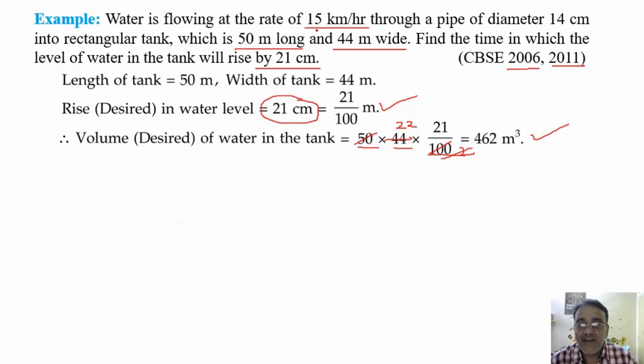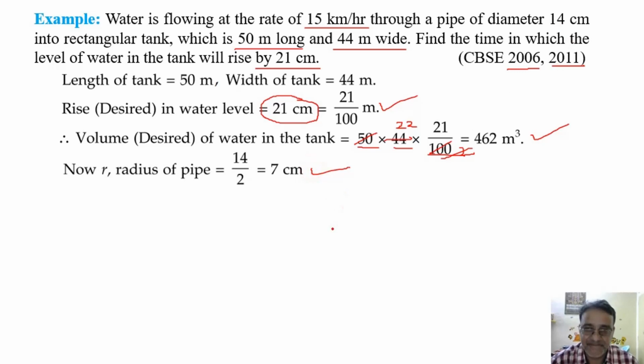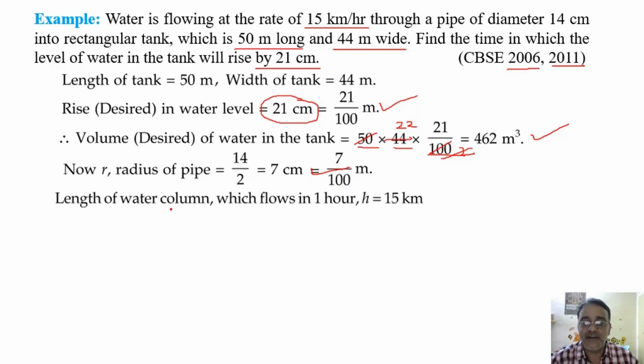Now the rate of flow of water through the pipe is given, and the diameter is given as 14 centimeter. So the radius will be 7 centimeter, and 7 centimeter means 7 upon 100 meter. The length of the water column which flows in 1 hour is 15 kilometer, that is 15,000 meter.